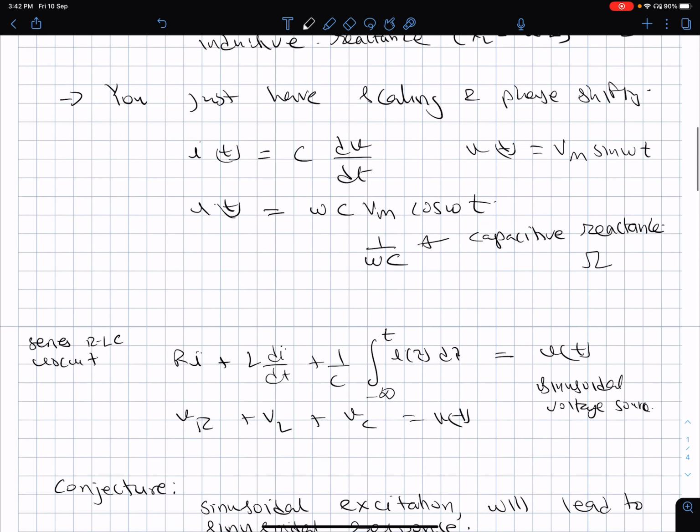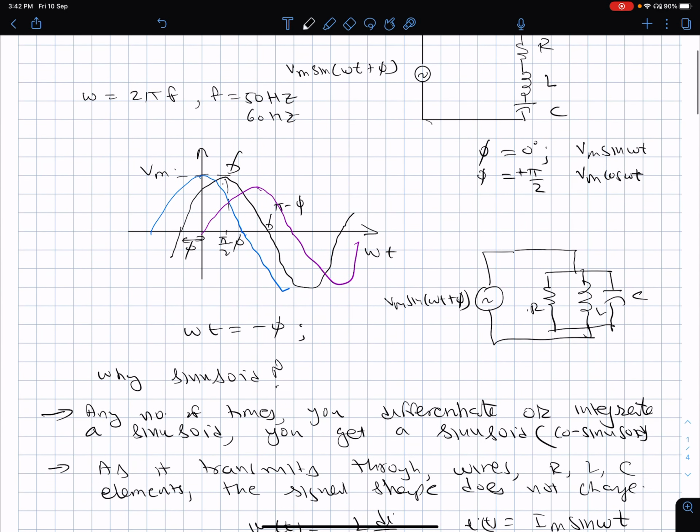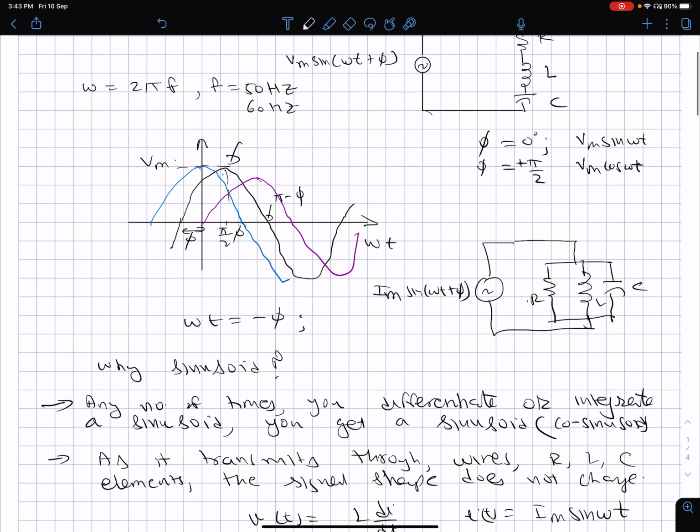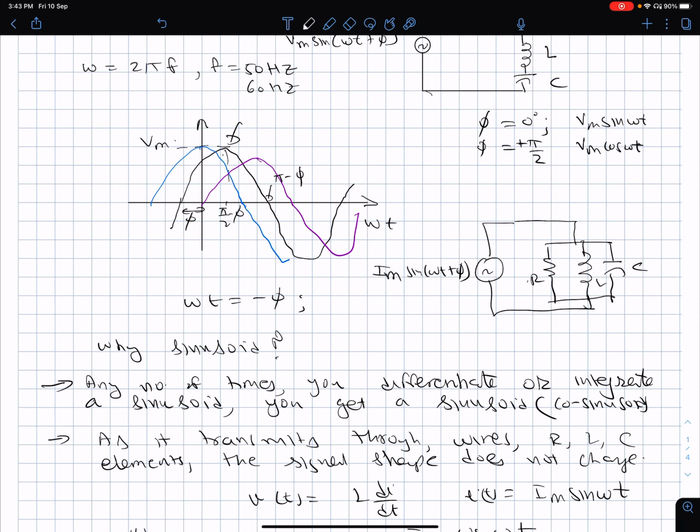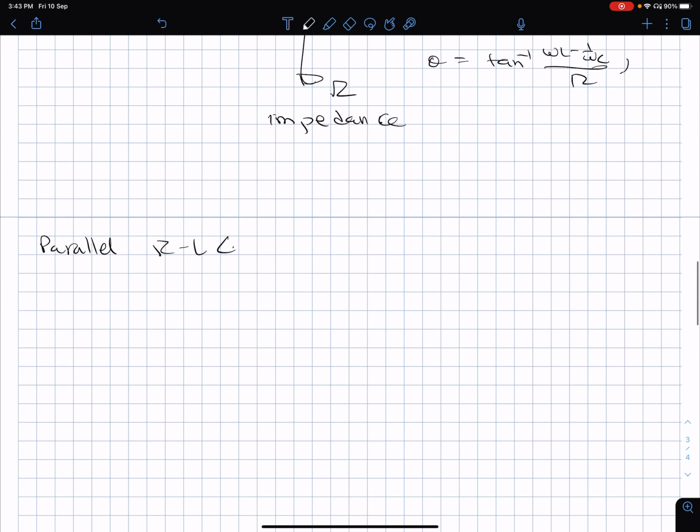Though current sources are not directly available in nature as voltage sources are, for the sake of circuit analysis, I can write this as I_m sine of omega t plus phi, and then these three currents would distribute into I_R, I_L and I_C, following Kirchhoff's current law.